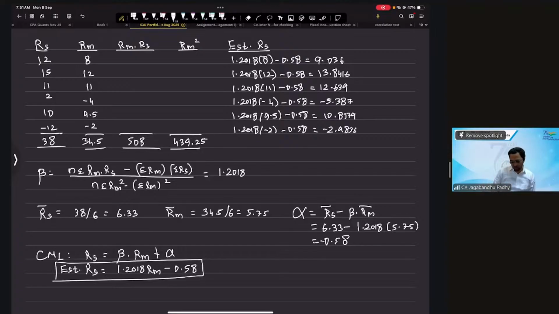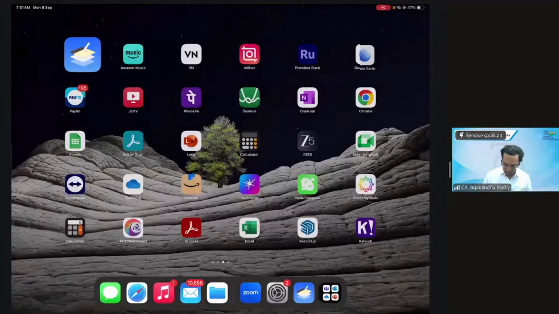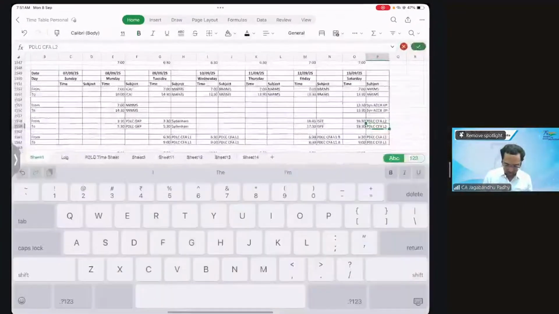Okay, so this is the estimated return of security. These are all the values of estimated return of security. Now, these are the actual returns of securities, and these are the estimated returns. What will happen if I plot both of them together? Let me show you how that would look.